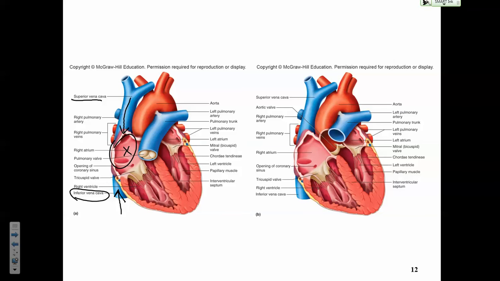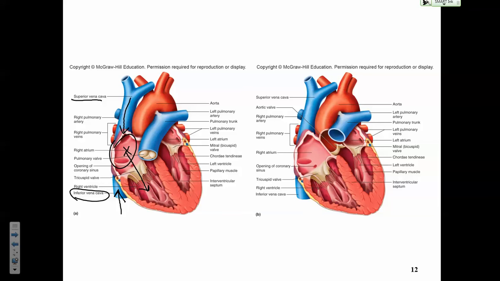And then as the blood moves into the right atrium, just because of gravity, it trickles down into the right ventricle. But as it does, it goes through our first valve. We're going to see 4 valves in the heart. And the purpose of the valves is to prevent a backflow of blood. They don't push the blood anywhere. They just prevent it from going backwards. Okay?